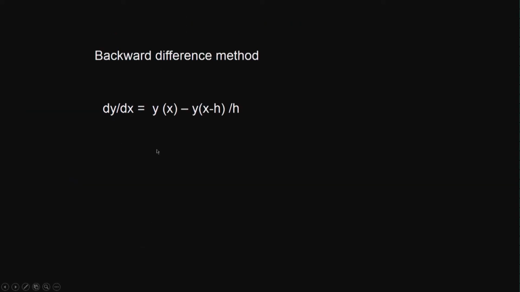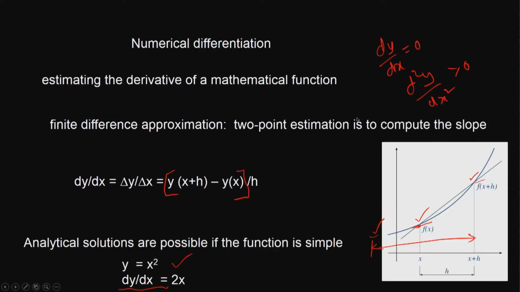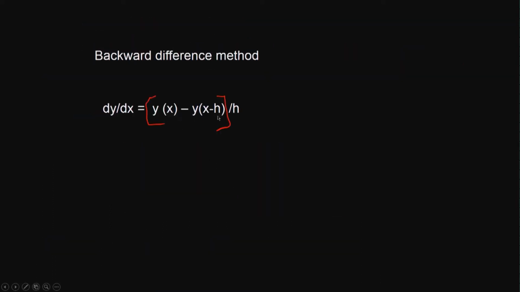There is another method that is called the backward difference method. Just like in the first case we take x plus h and x, here we take x and x minus h.